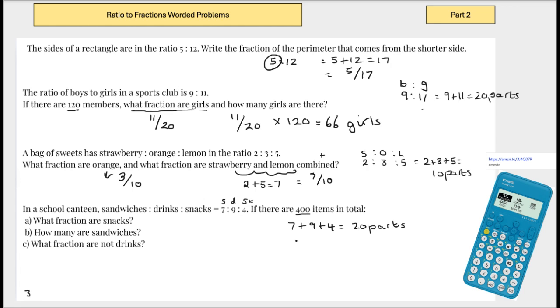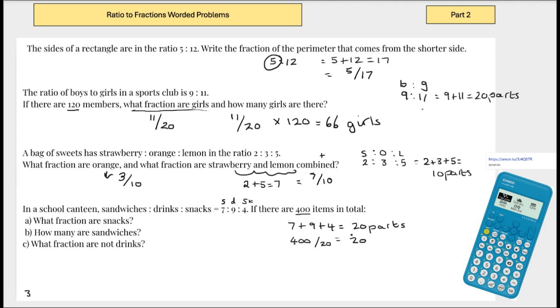So what you're going to do is get your 400 and I want you to divide it by 20. Yes, that's different to what I've taught you already, but it's just giving us an idea of the items that are going. So that's 20. So each part is 20.